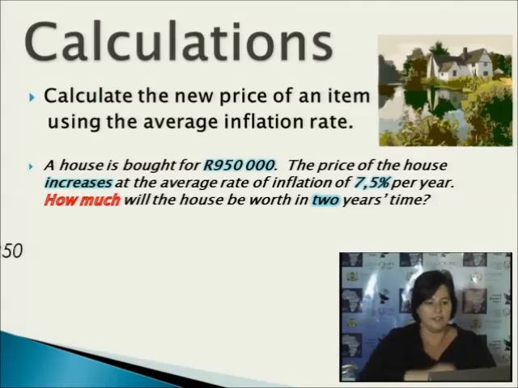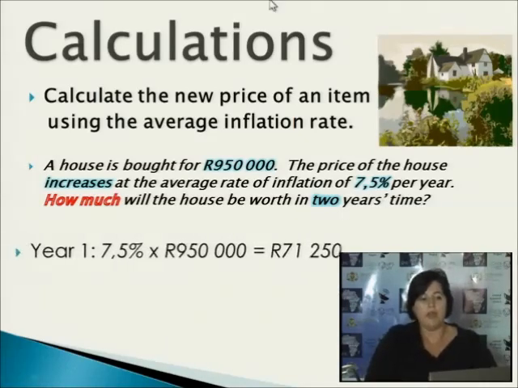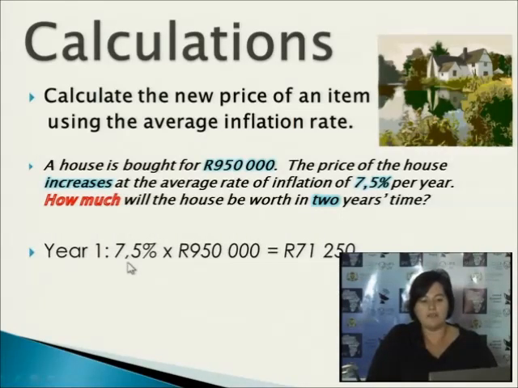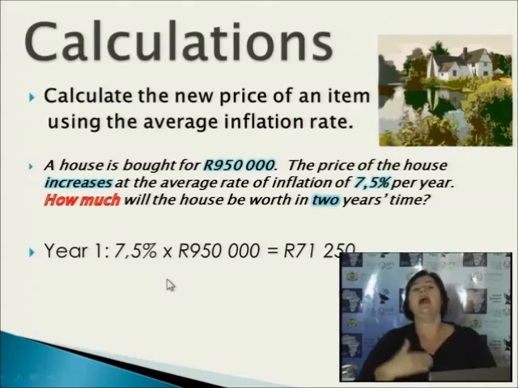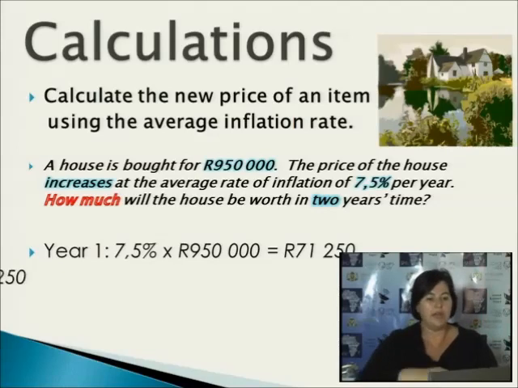Right, now we go back. I said the first one, I calculate, but be very careful, because this 7.5% is only the increase. Remember, we want to know how much it will be at the end of the first year. So what is the important thing to add?